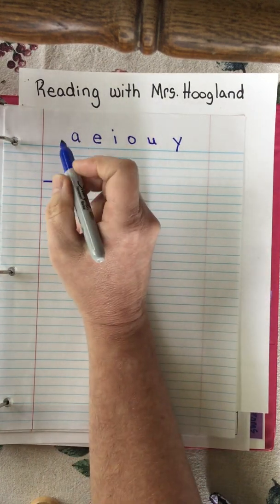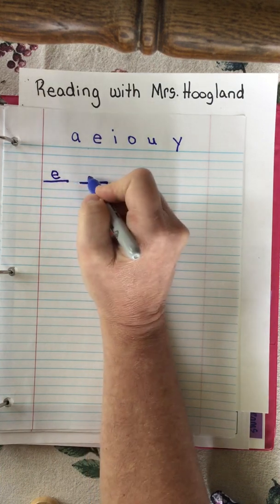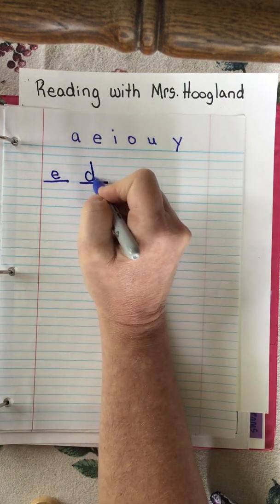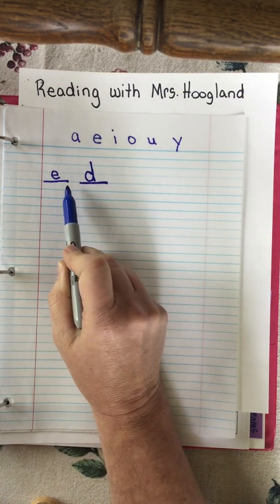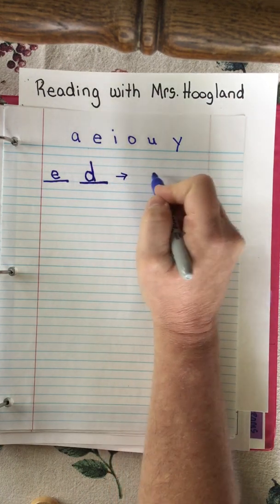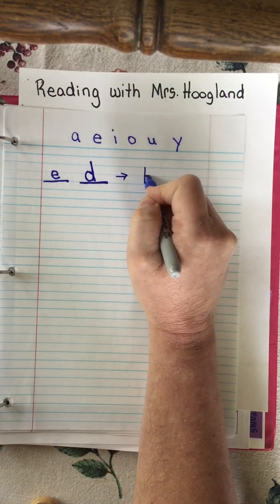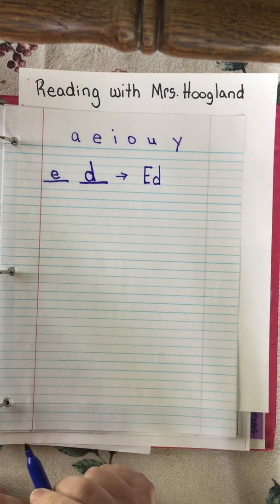Who says eh? E, d. Okay, I got two sounds here. I got eh and I got d. I put them together, I have ed. Put them together and it makes the word ed. Well, I'm going to capitalize this word because I know that Ed is a name.